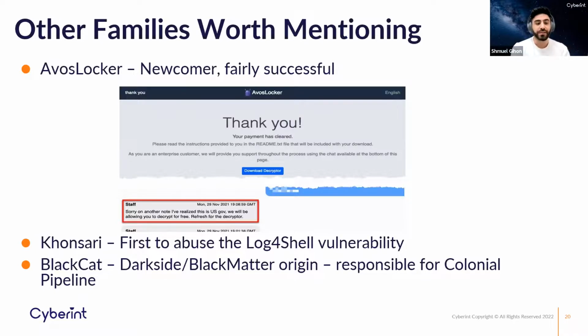If we're talking about Conti, Consari is also a fairly new ransomware group. They made their entrance into the industry as the first ransomware group ever to exploit the Log4Shell vulnerability. It was, I think, less than a week after the Log4Shell vulnerability was published that Consari already made one successful campaign using it.